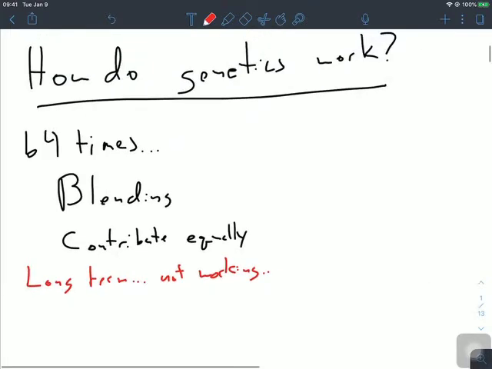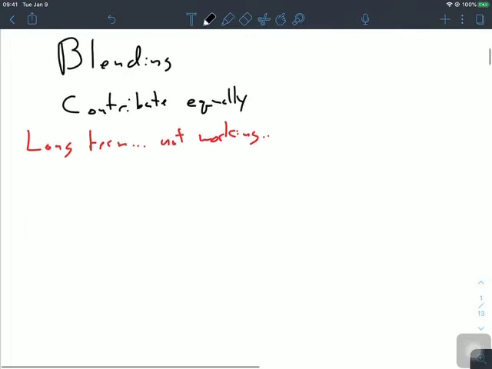So we waited, as a species, quite a long time to get to a point where we were able to get a more detailed understanding of genetics. And the individual who led this revolution was a monk by the name Mendel.